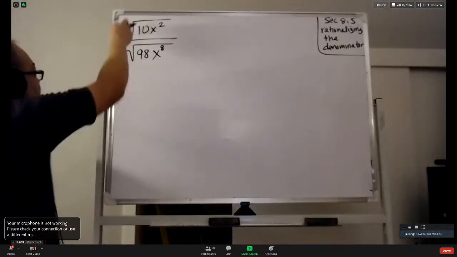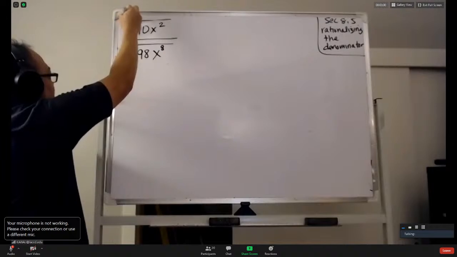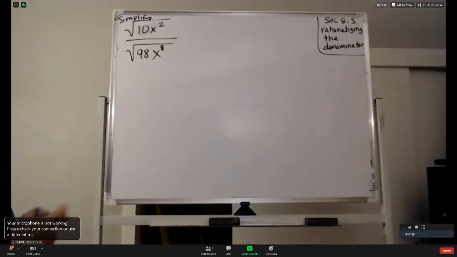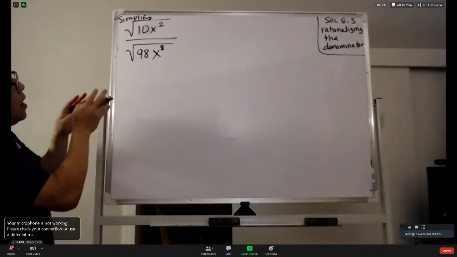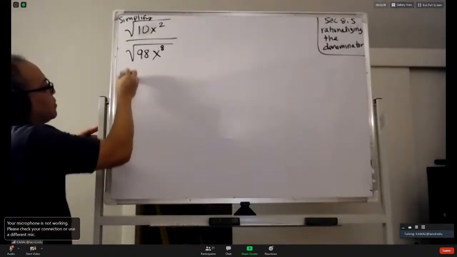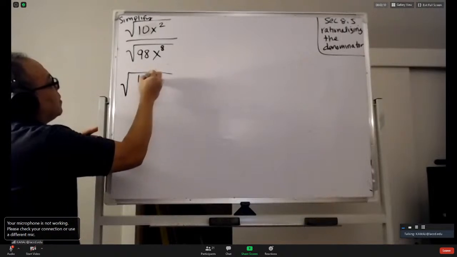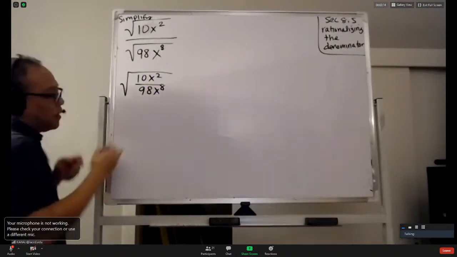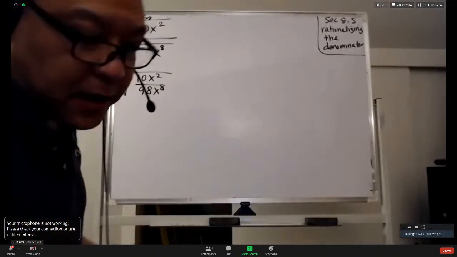Okay, so we first started with this. And we said that the way we could simplify this is to put them together and then simplify the inside and then split them apart again.